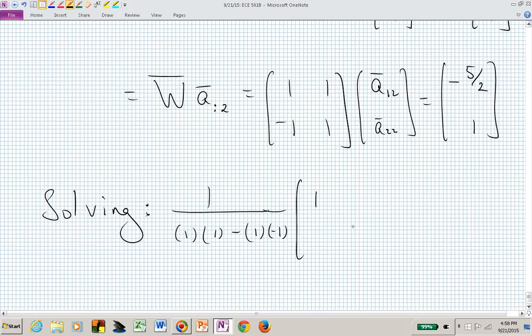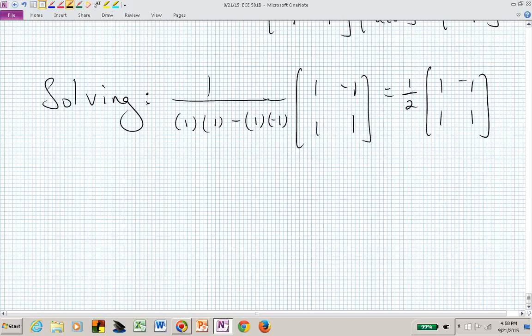And then I simply interchange the diagonal entries, which were the same, so it doesn't look like I did anything, and I negate the signs of my off diagonal entries. My denominator is 1 minus a minus 1, or 2. And there's now the inverse of capital W bar.